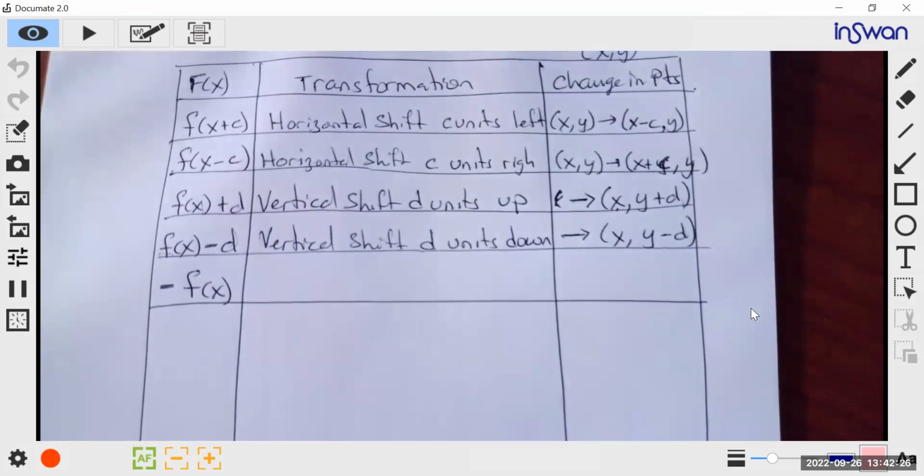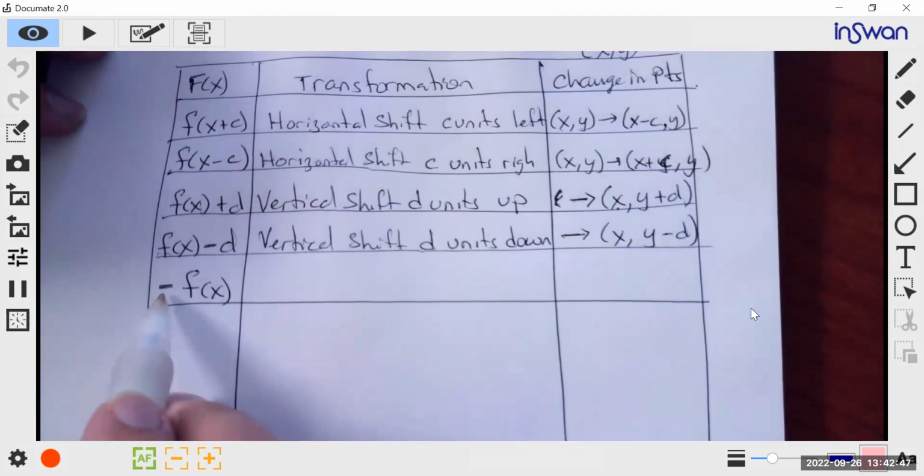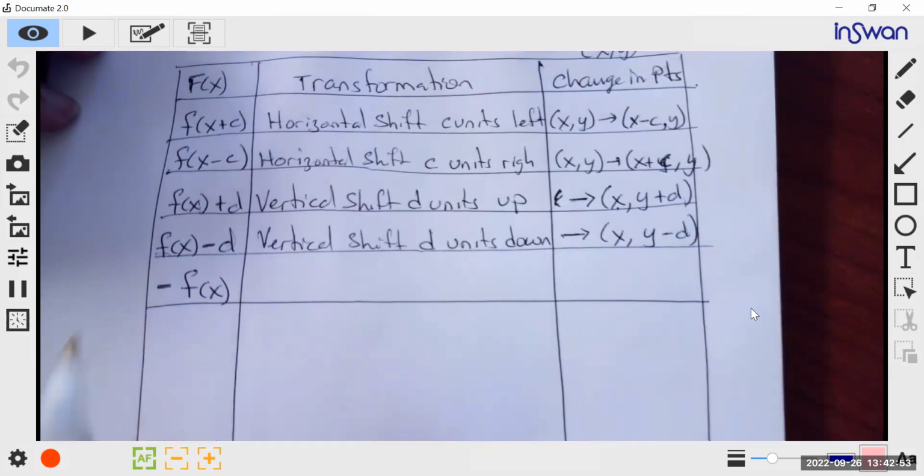What's that going to happen? What is that called? It happens outside the function. So is it horizontal or vertical if it happens outside? It's vertical.